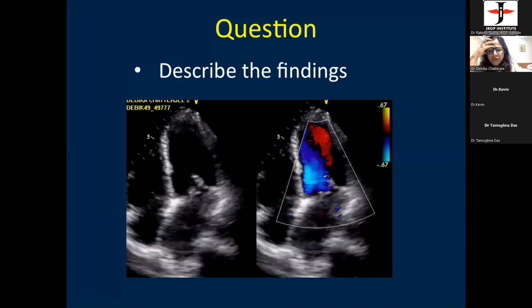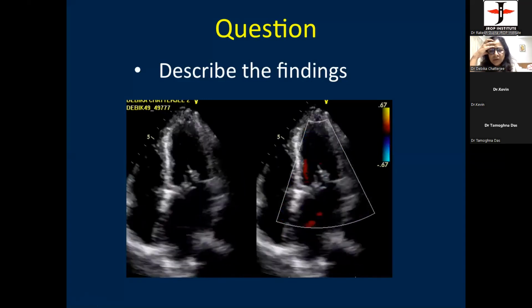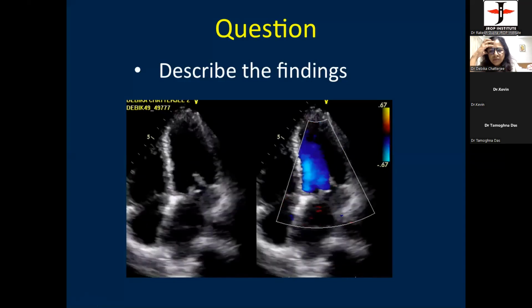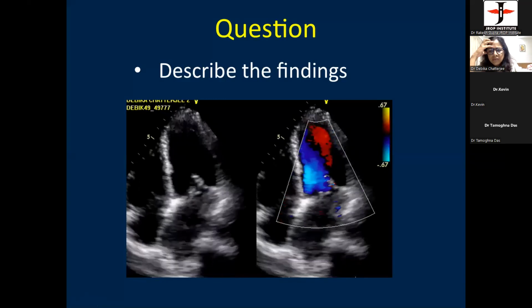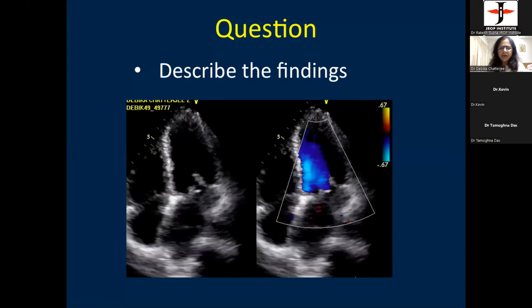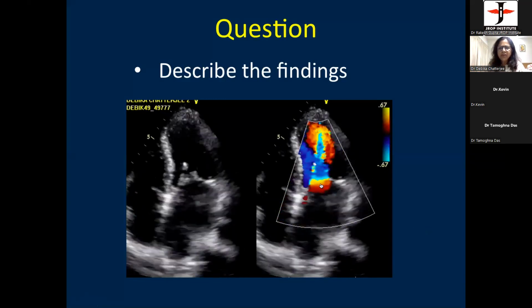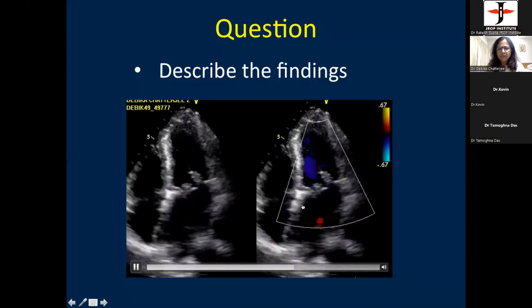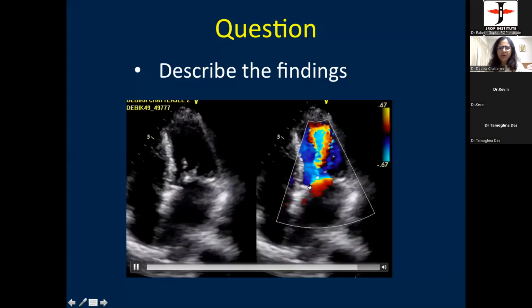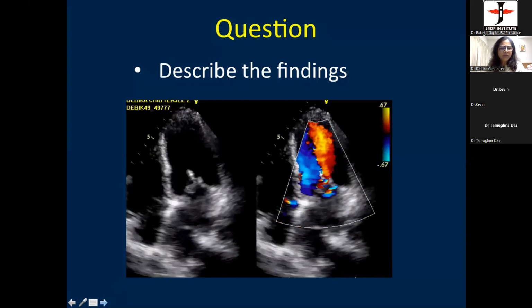Subvalvular mitral valve stenosis? Do you think it's subvalvular or valvar? How do you differentiate? The turbulence is starting at which level? At the leaflet, ma'am. So it's a valvular stenosis. Okay, the next question for the next candidate.